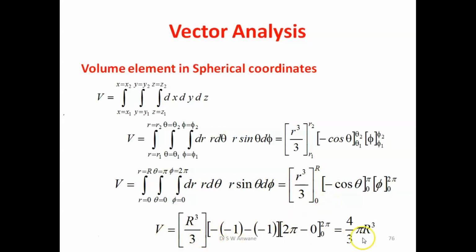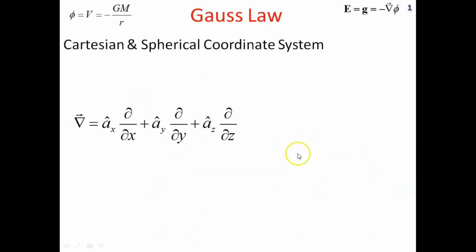In the Cartesian coordinate system, the del bar operator or nabla operator can be written as the unit vector along the x-axis times partial differentiation with respect to x, plus the unit vector along y times the partial derivative with respect to the second variable, that is y, plus the unit vector along the third axis times partial differentiation with respect to the third variable.